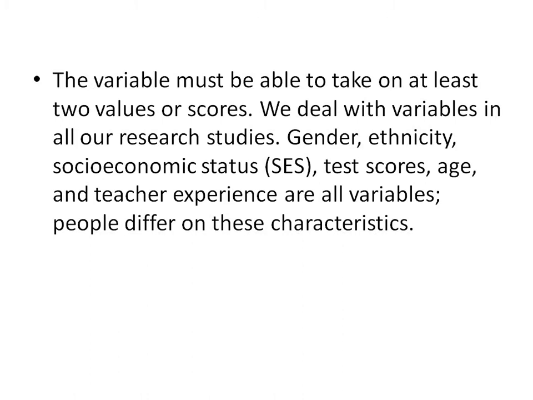For example, gender is a variable, ethnicity is a variable, socioeconomic status, test scores, age, and teacher experience are all variables. People differ on these characteristics. For example, gender may be male or female, ethnicity may be different, socioeconomic status may be different, age may be different, teacher experiences may be different. So these are all the variables.